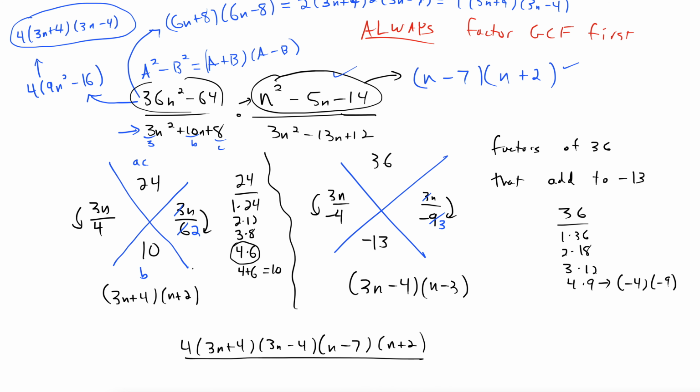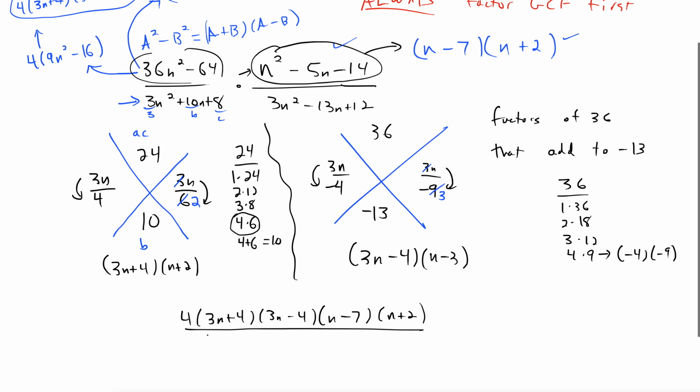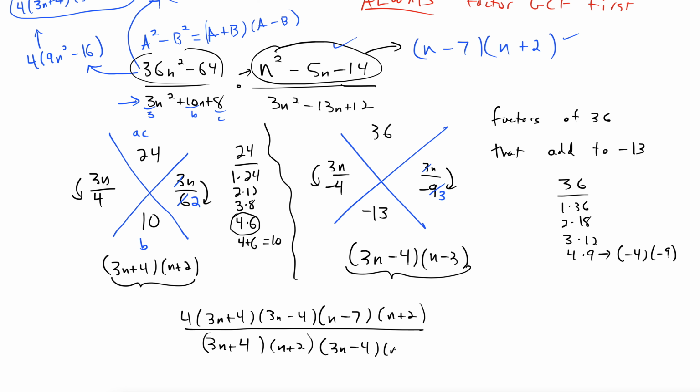Going down to our bottom two terms, 3n plus 4 and n plus 2. That was just this term here. And now I'll get this last term, 3n minus 4 and n minus 3. Whew. Okay, that was a lot of factoring.